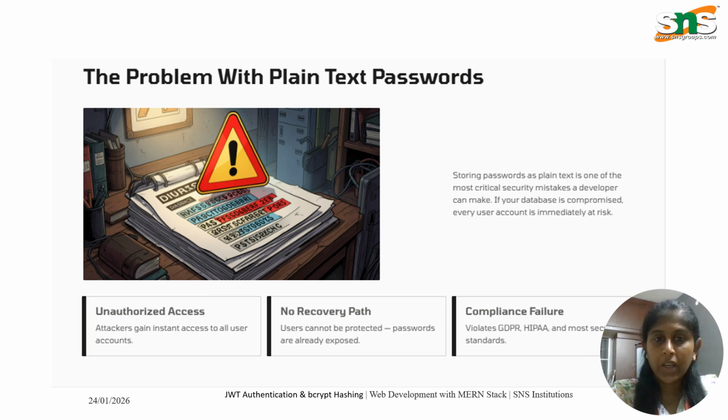Second, no recovery path: once passwords are exposed, users are already at risk and cannot be protected. Third, compliance failure: storing plain text passwords violates security standards and regulations such as GDPR and HIPAA. That is why developers should never store original passwords directly inside databases.